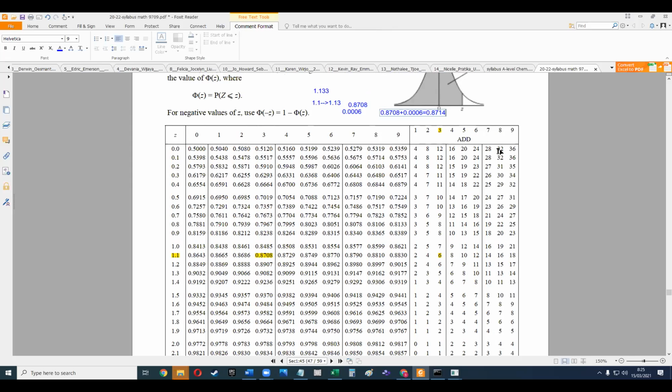So 32 means 0.0032. 9 here means 0.0009, and 6 here means 0.0006. So this is our total: 0.8708 plus 0.0006 becomes 0.8714. That's the proportion. Okay? Good.